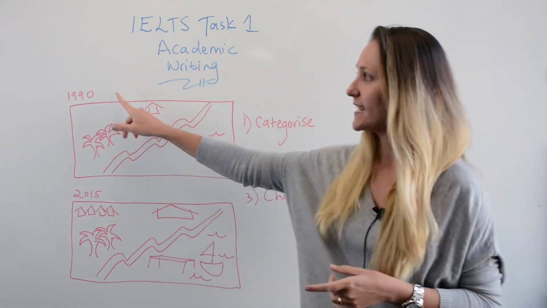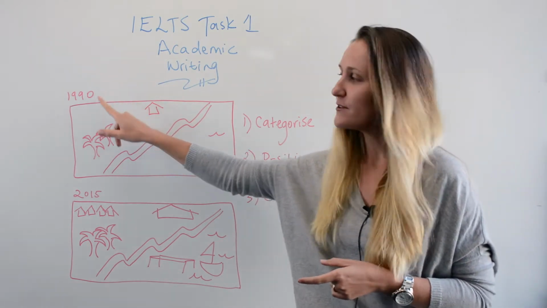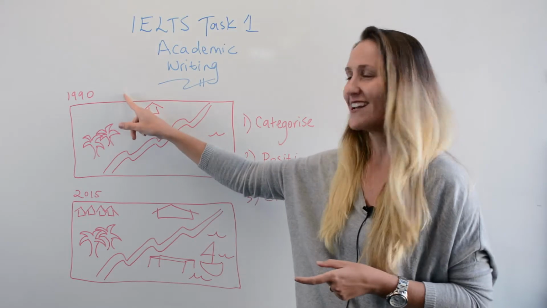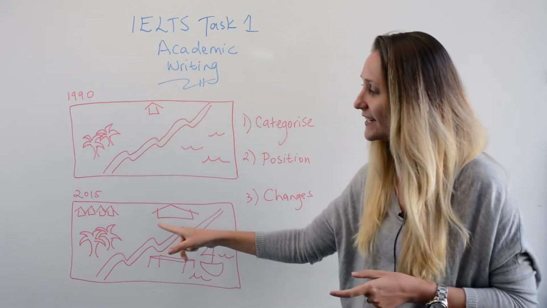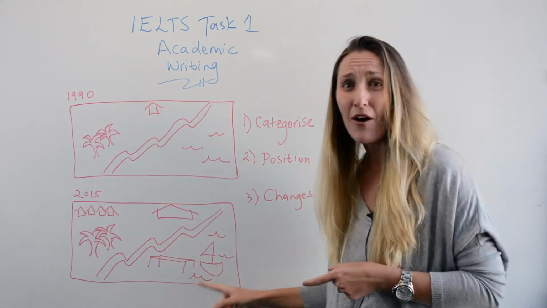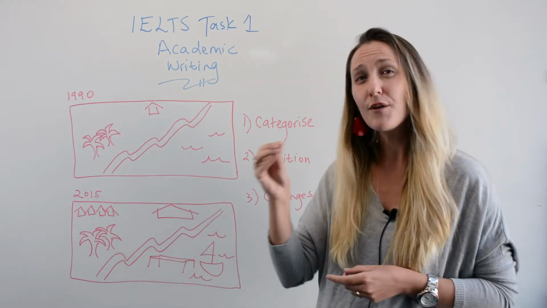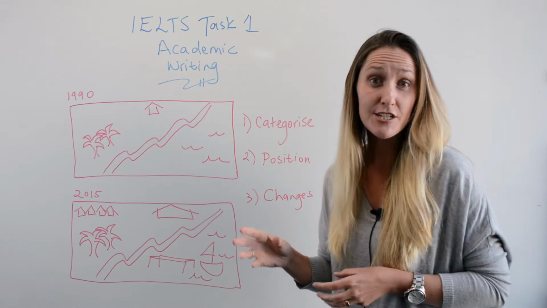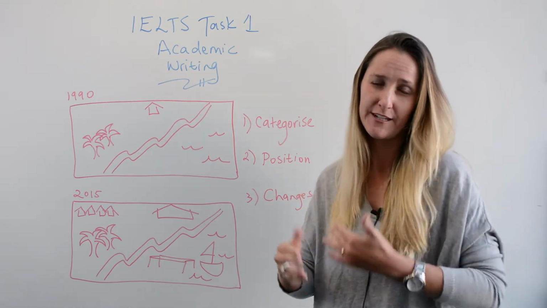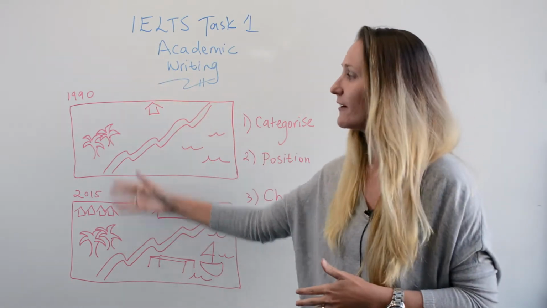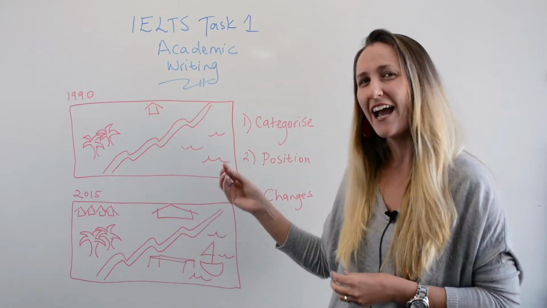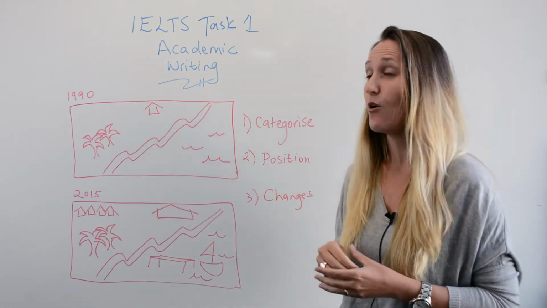As you can see here, this first map represents an island in 1990. The second map represents the same island but in 2015. So automatically you know you need to describe the changes that have taken place over that period of time, and you need to count how many changes there were.